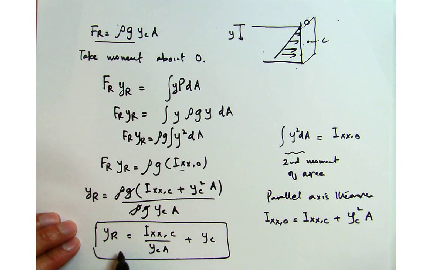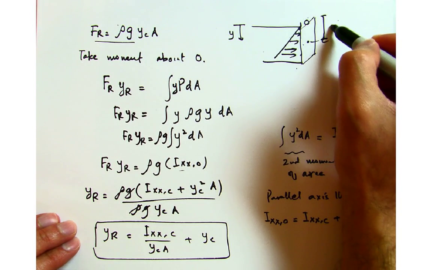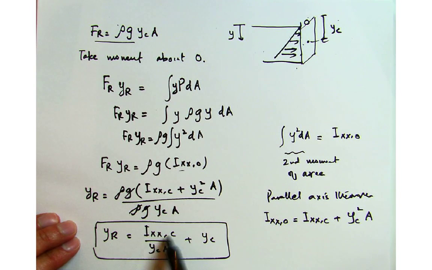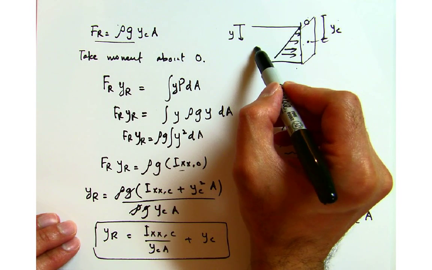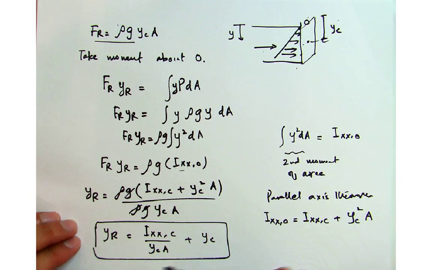That's where the resultant force would be acting. If you notice, this first term is always a positive number, so the resultant force will be below this y_c, below the centroid.